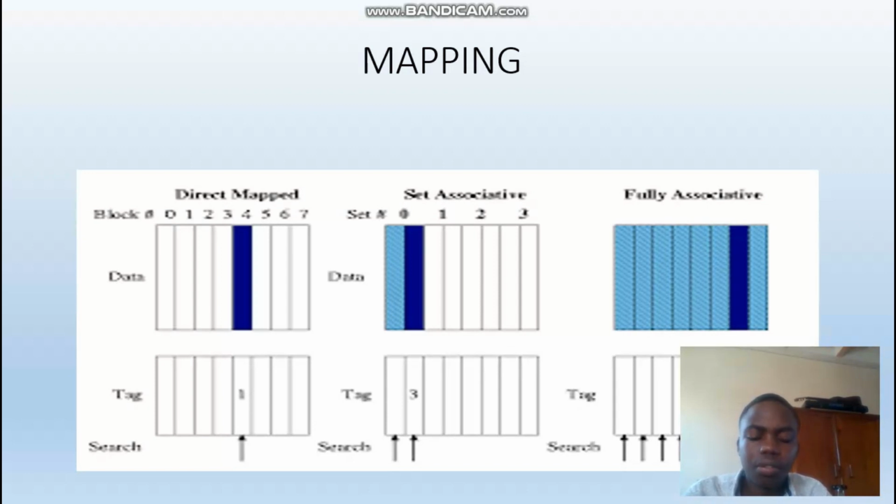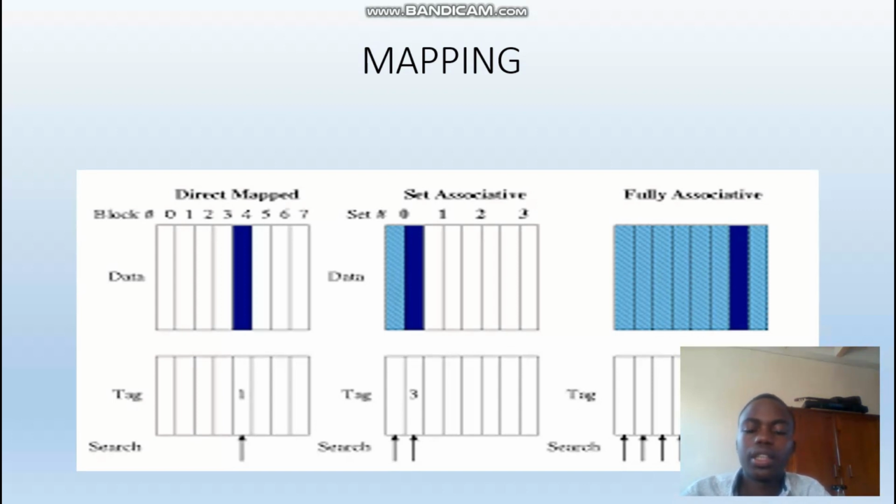Set associative has what we call sets, whereby a block in main memory can be shared by two lines in the cache memory. So if we want to find where that block of data was mapped into the cache memory, we have to access the two lines in the cache memory, which we call the set.